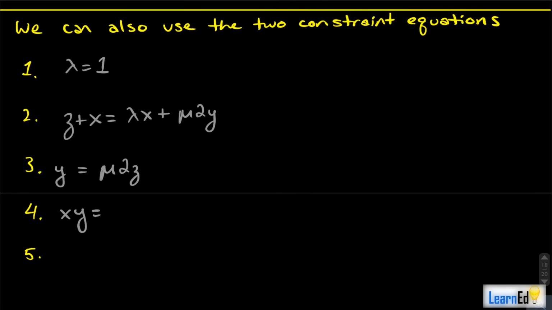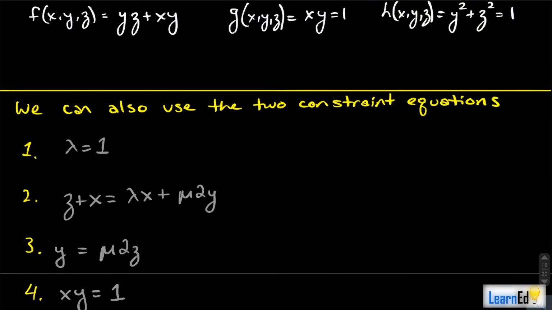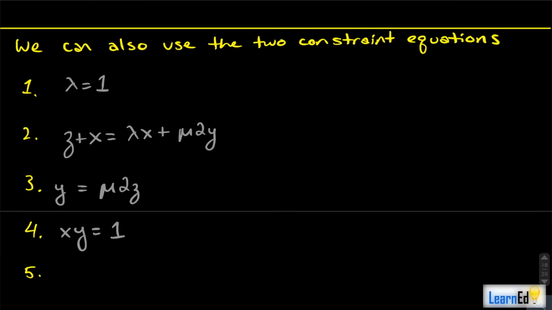So now that we've solved these guys, all we have to do is bring in our two constraint equations from before. And this is where I said that this one and this one will actually become significant, because now we're going to use them. So our two constraint equations: we have xy equals 1 and y squared plus z squared equals 1. We're going to use all 5 of these equations. If you just had lambda and didn't have an extra constraint equation, you would just have 4 equations.